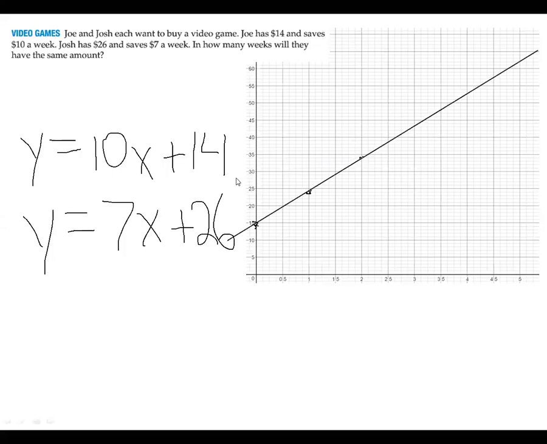Okay, and then 7x plus 26. Let me get a different color here. He actually has $26 to start with.